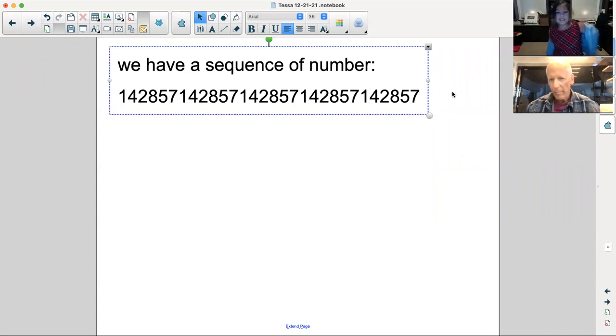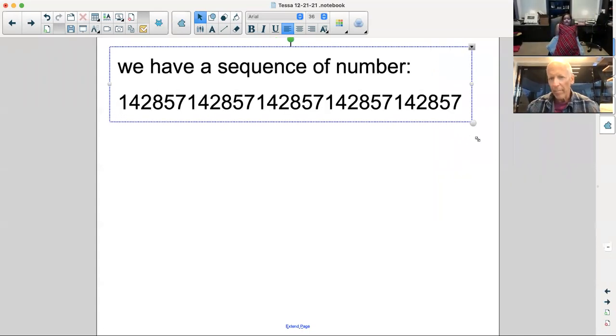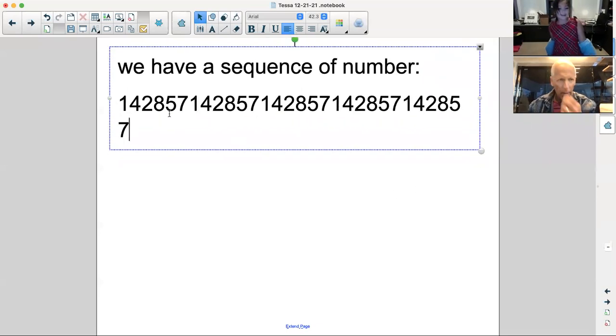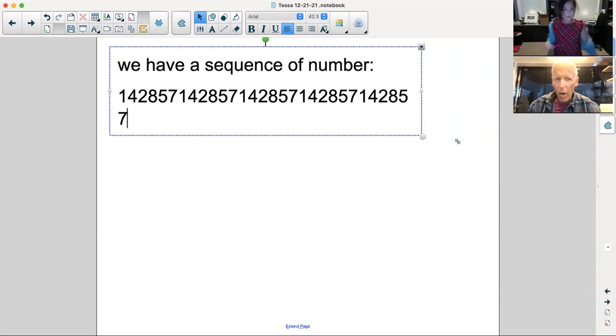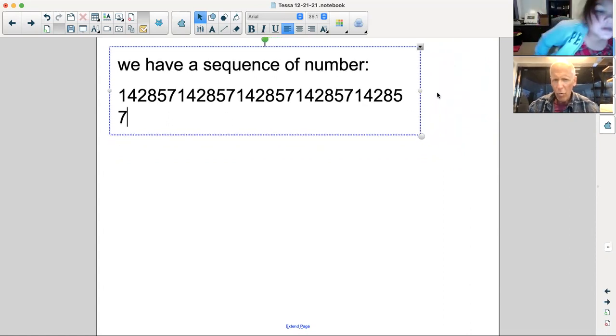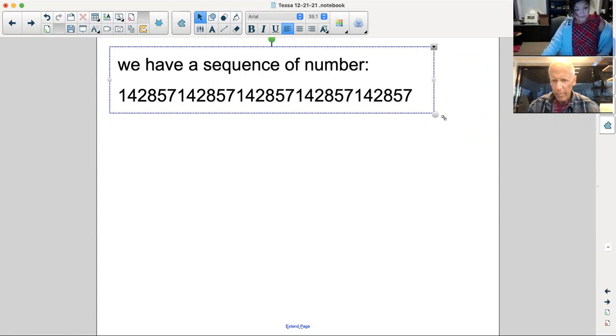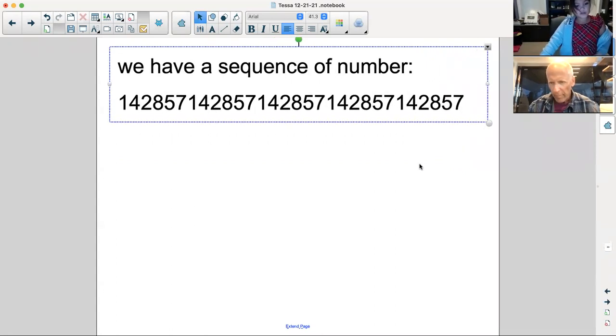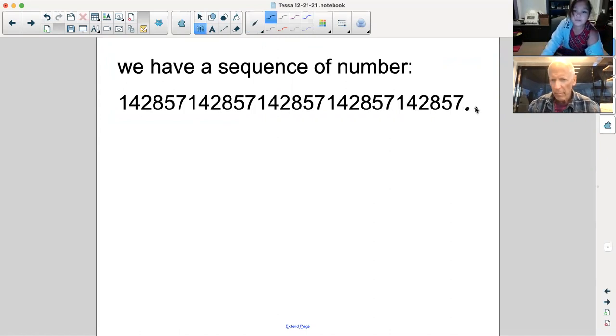They're all the same. What do you mean they're all the same? They all have the exact same numbers in them. Because one, which is 142,857. Yeah, so what we say, Tessa, is that this sequence repeats.